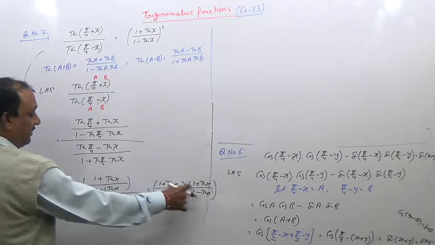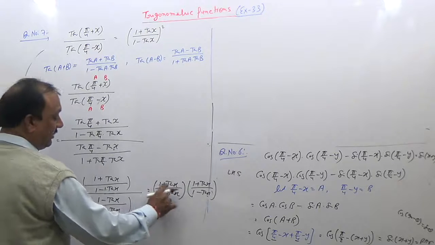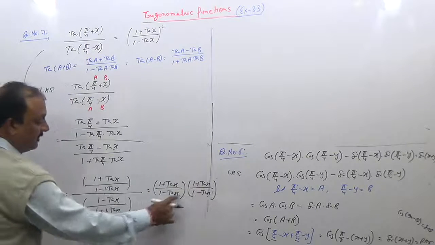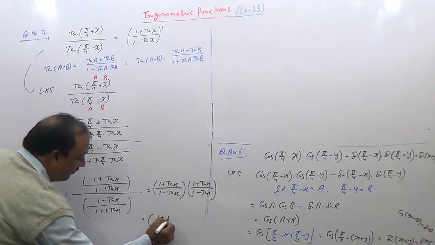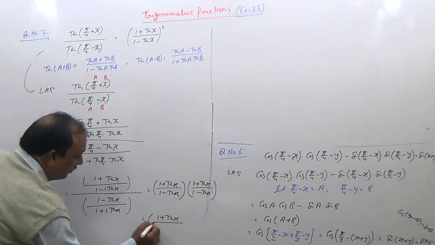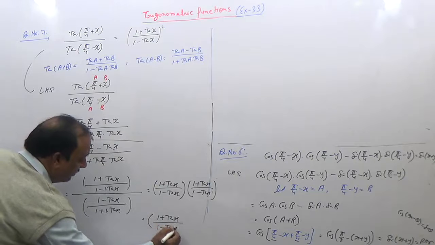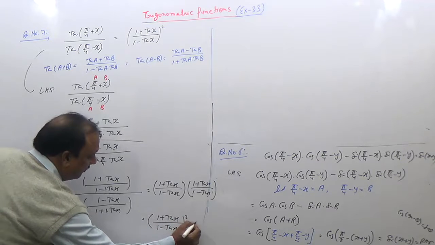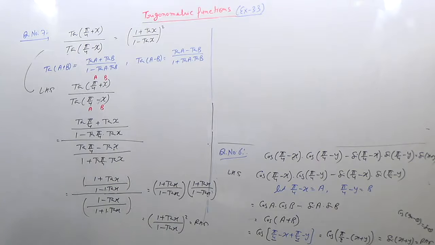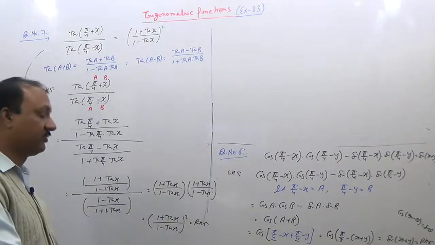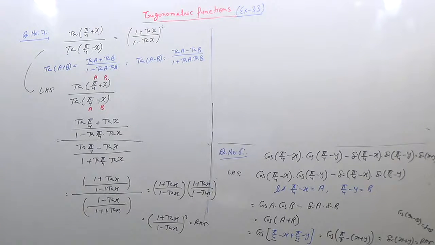So (1 + tan x)/(1 − tan x) times (1 + tan x)/(1 − tan x). This becomes (1 + tan x) whole square over (1 − tan x) whole square. So this is equal to the right hand side. This is the solution of question number 7.